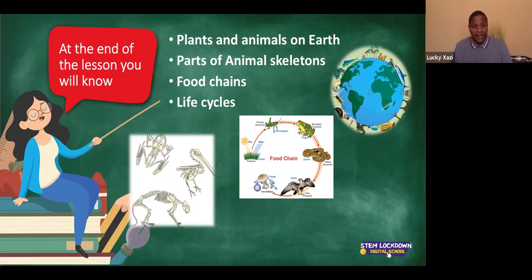It's a picture depicting a food chain. The most important part of the food chain is that you have to follow the sequence of the arrows in order to understand and comprehend the food chain. Then the last picture is a picture of different animals with skeletons.